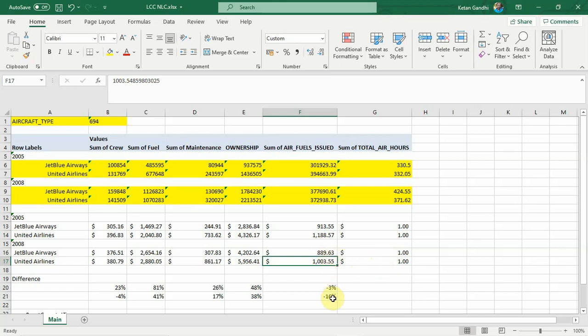So there was a decrease, minus 16. There was a decrease of 16% in the amount spent for the fuel issued. So United Airlines did exceptionally well in the year 2008 to reduce its fuel cost for this particular aircraft.